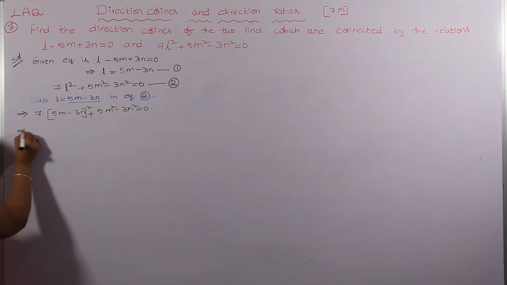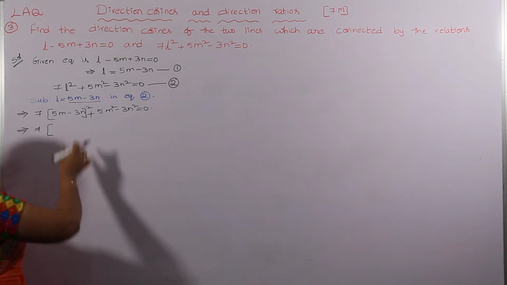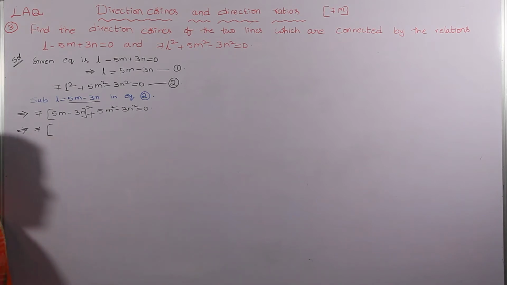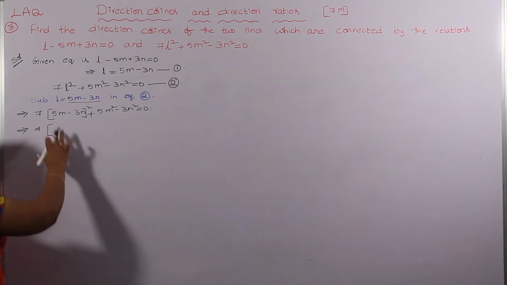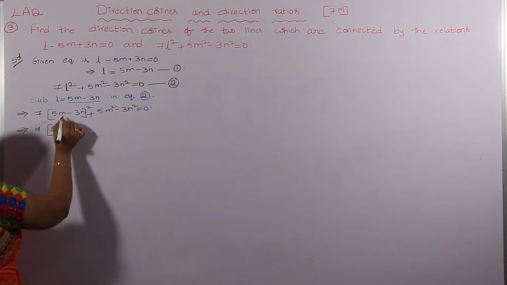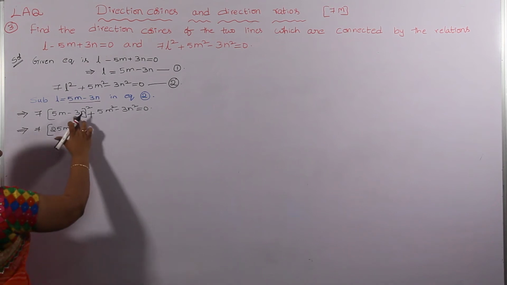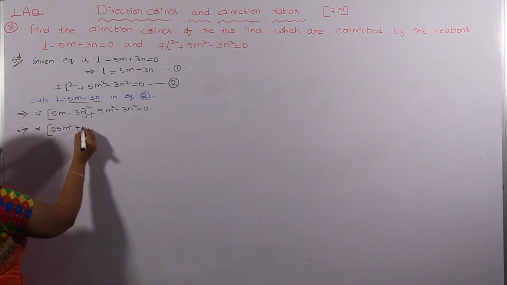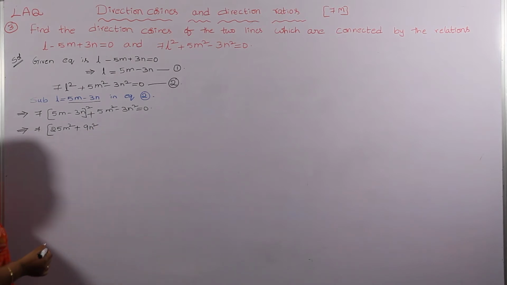Next, 7 into, this is in the form of a minus b whole square. a minus b whole square is a square plus b square minus 2ab. a square, that is 5m whole square, is 25m square. b square is 3n whole square, which is 9n square.